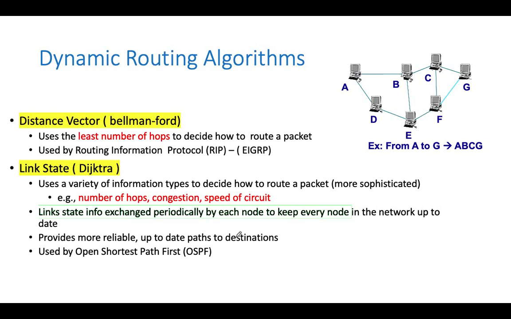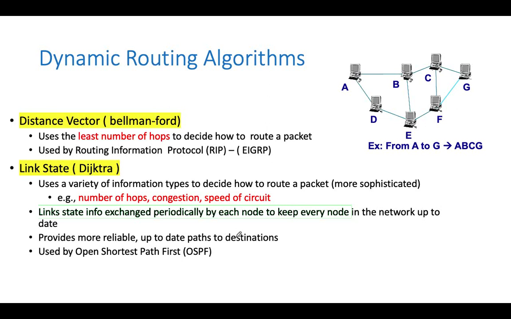There are two main routing methodologies, two types of routing methodology. Each one uses a different type of algorithm. However, the job for both algorithms is to find the shortest and best path for you.